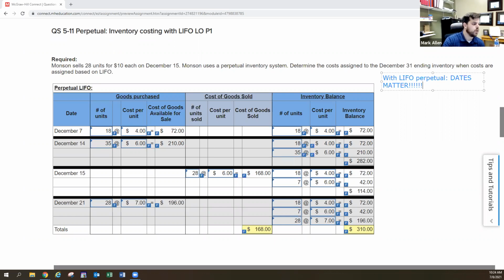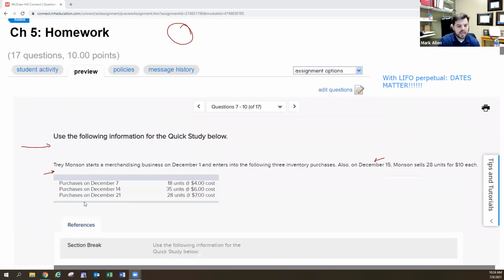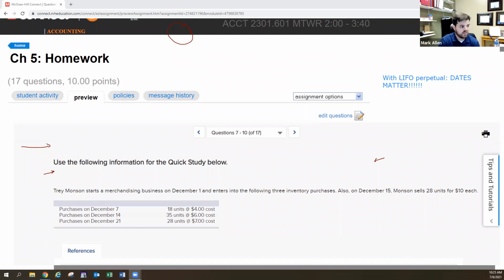Okay, very good. So in this case, we're going to come on down and we're going to see that we have a lot of the same setup here. All of this coming down, we still got the same 282 from before, but the difference is now, since we're using LIFO, when the sale occurs on December 15th, the last inventory I have received on that day is this from December 14th, which means, and I'm going to roll up just to emphasize this, I cannot possibly sell on the 15th the inventory that I did not receive until the 21st.